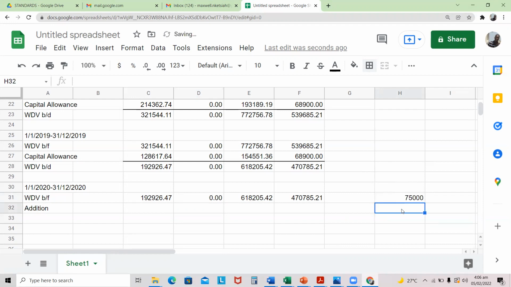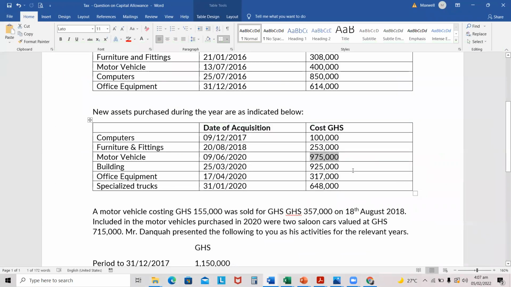So the amount that we should include for calculating capital allowance is 75,000 times 2. So that's 150,000. So that means the excess must not be included.